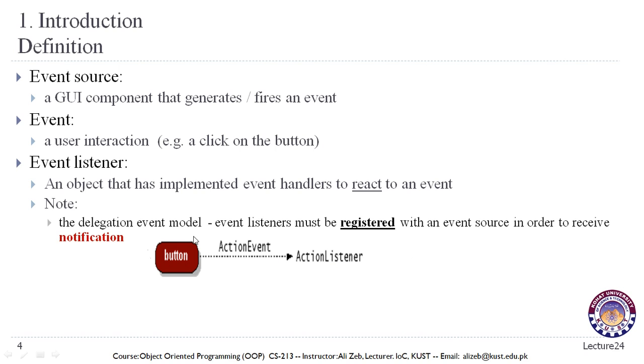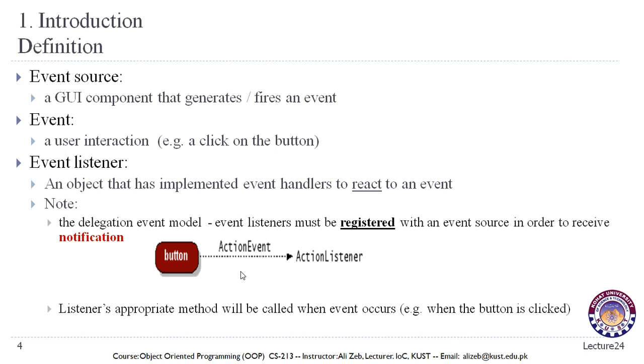So the button is our event source, where the interaction should occur, and the action listener defines what that button should then do. Until we have registered this action listener with this button, it will not perform our desired operation. The listener's appropriate method will be called when the event occurs. When the button is clicked, an appropriate method will be called.